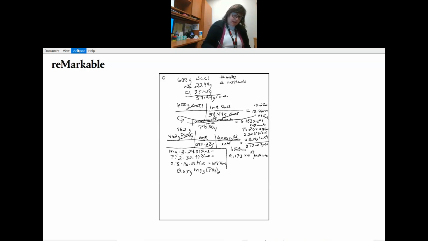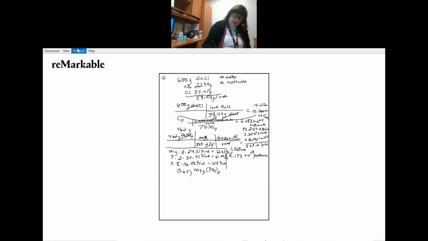Now remember, the 3 is infinitely significant. So our answer is going to be 72.93 grams per mole. 2 times 30.97, and that's 61.94 grams per mole.